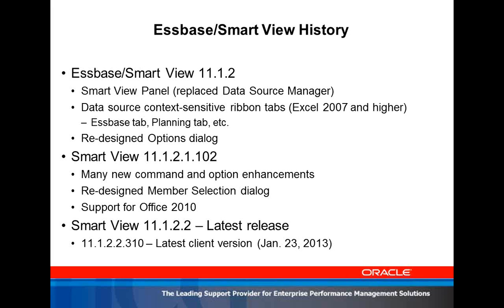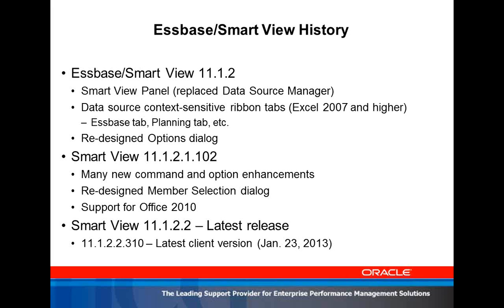If you connect to a planning data source, you have a planning ribbon with the commands appropriate for a planning data source, rather than having all the commands in one ribbon like the original versions of SmartView did. And they redesigned the options dialog. There are now 6 categories of options as opposed to the old tab method of getting at options.